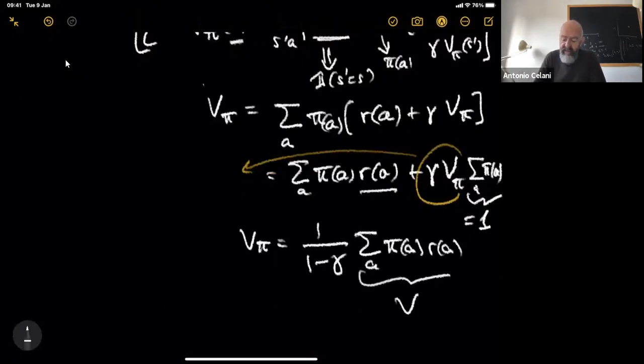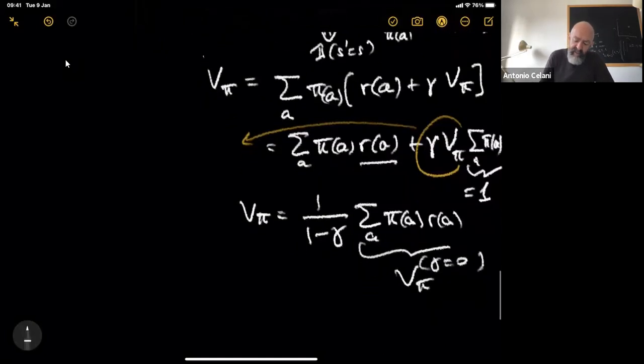This is v pi for gamma equals 0. So it doesn't really matter to have gamma different from 0 for bandits. And like I told you, it's just because you're basically repeating the same thing over and over again. There's no change. There's no notion of a future in practice. So so far we can stick to gamma equals 0. It doesn't make any difference.